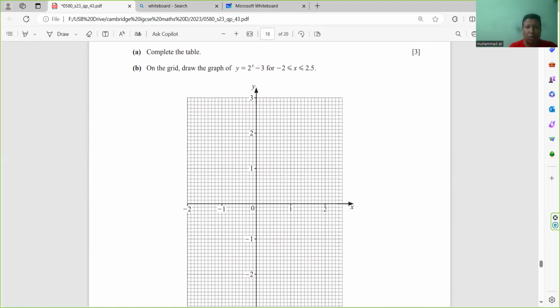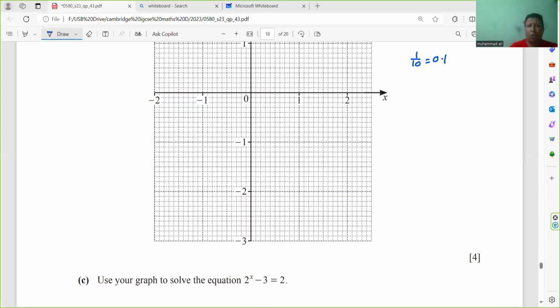Now we try to put all these coordinates. Since 2 centimeters is 1, each small box is 0.1. How do we get this? 1 divided by 10 is 0.1.